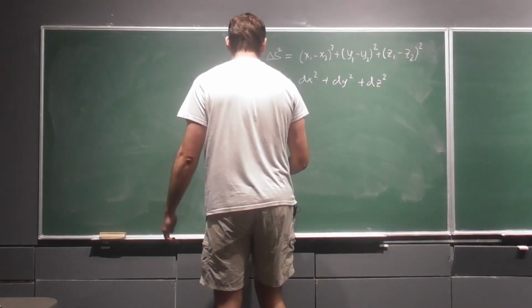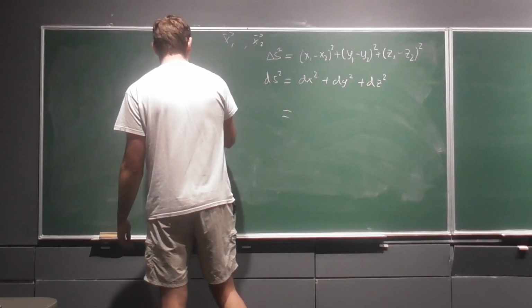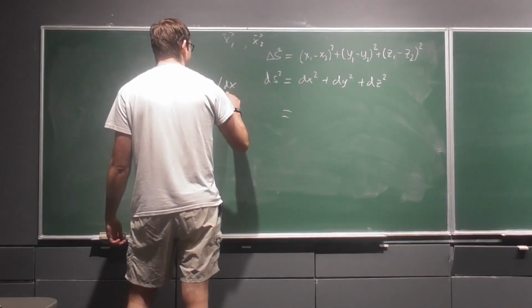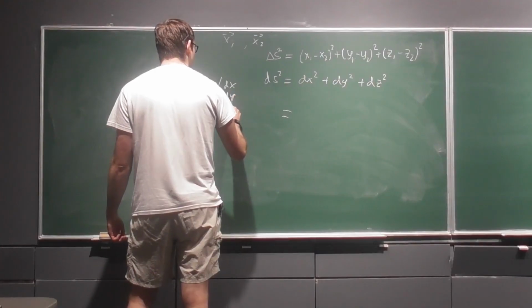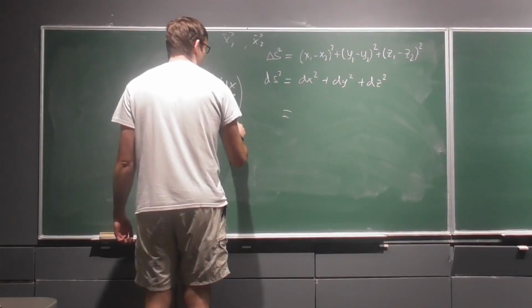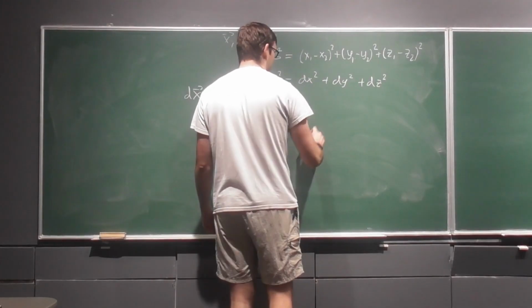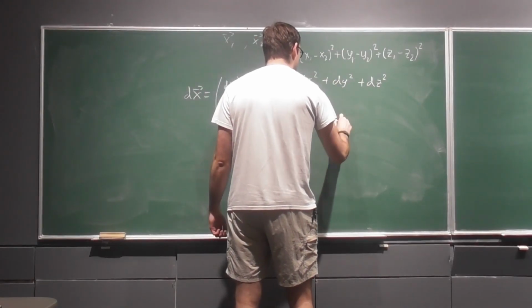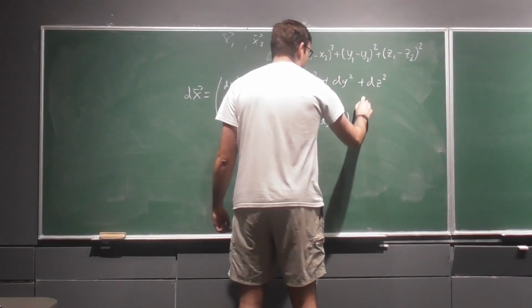I can define a vector dx with components dx, dy, dz. And then we can see that this is like an inner product.